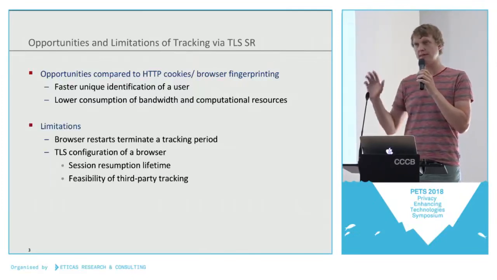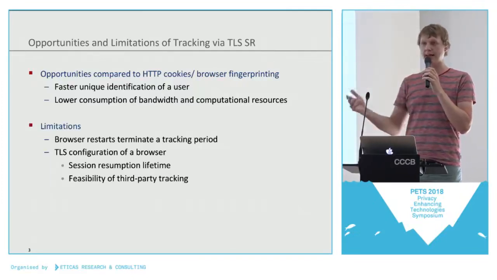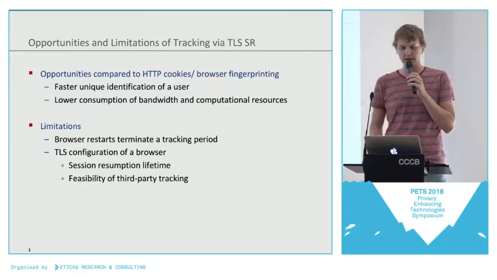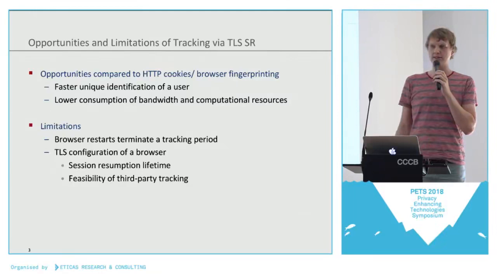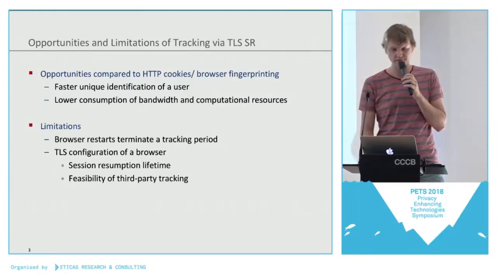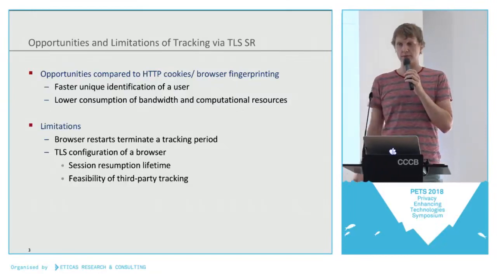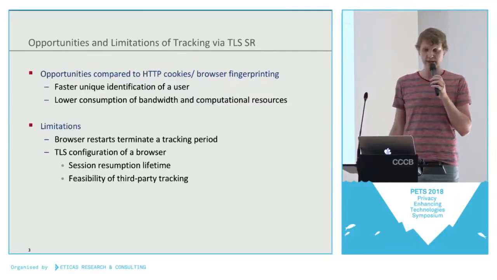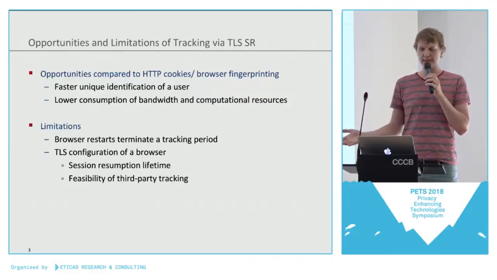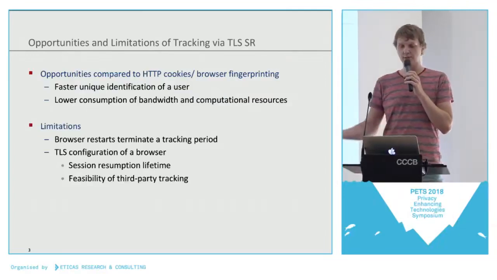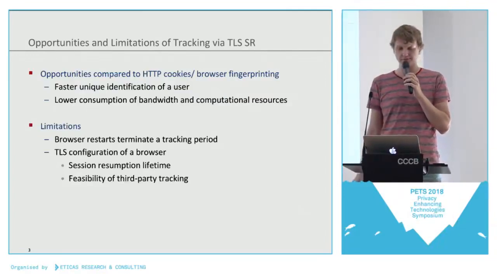Thus, we need to investigate the actual uptime of a browser. The tracking period is terminated because the TLS cache gets cleared on browser restart. Furthermore, browsers apply countermeasures against this tracking mechanism, such as the Tor browser, which completely disabled session resumption. However, this also leads to performance reductions.